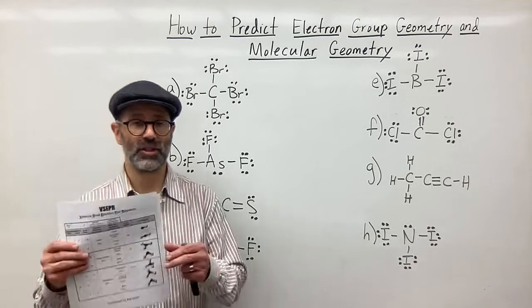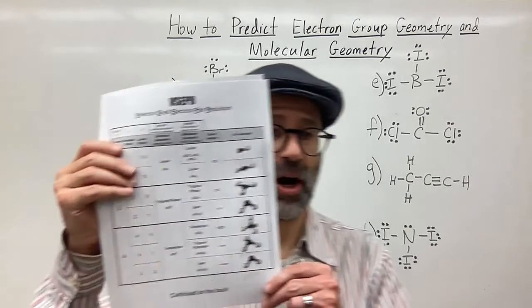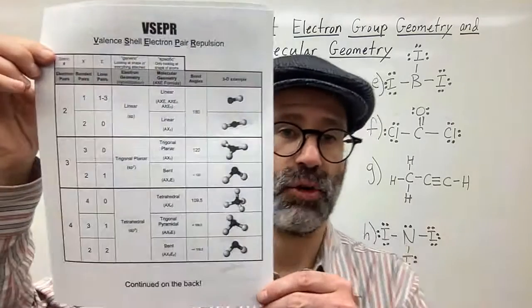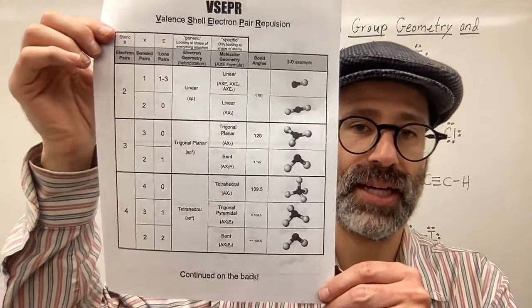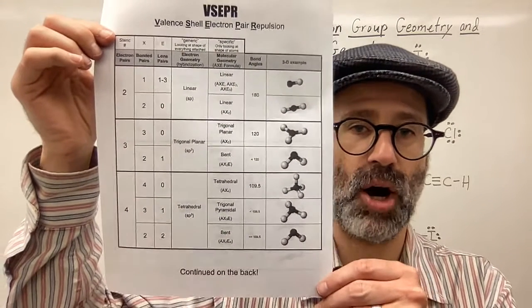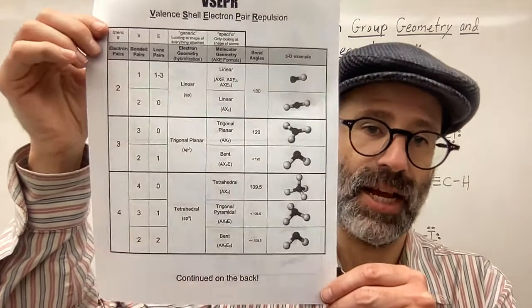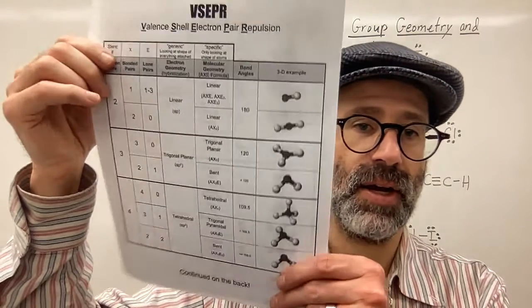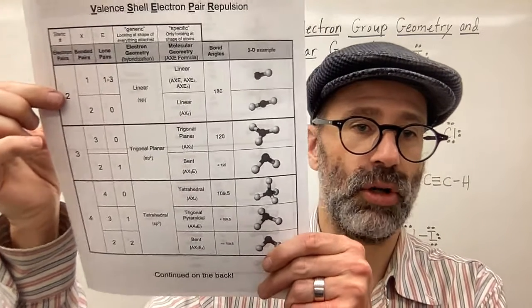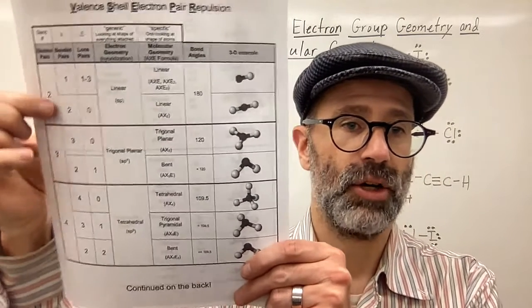So just to show you what I'm talking about here, you would need something like this. Now, it may not be as complicated as this one. Most of them are pretty much like this. And so here on the side you've got the total electron groups. It says pairs.